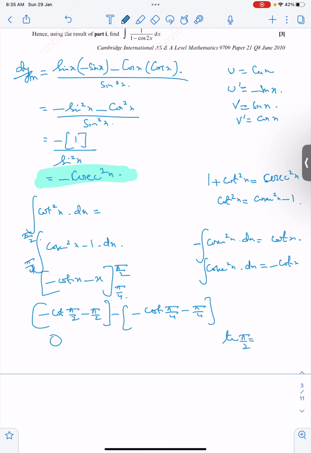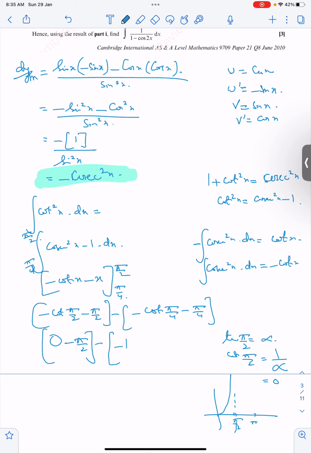We know that tan goes up to, if you use the graph, if this is pi by 2 and this is pi, you draw a dotted line here and the graph goes up like this, it goes to infinity. So tan of pi by 2 is infinity. So cot of pi by 2 is going to be 1 upon infinity, and 1 upon infinity is always equal to 0. So minus pi by 2 in the first bracket, minus cot of pi by 4. Tan of pi by 4 is 1, so the reciprocal of 1 is also 1.